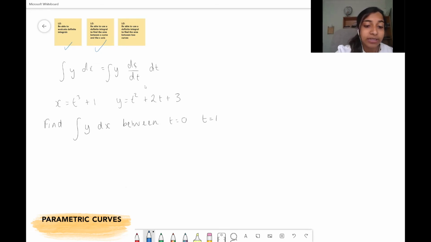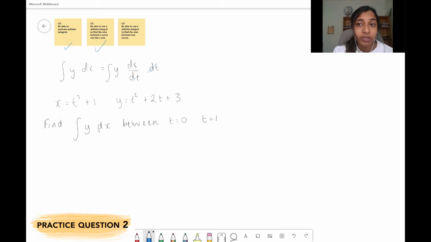That works because if you crossed out the dt to simplify, you'll just be left with y dx. So that's how you would do parametric integration if you have curves written in parametric form.